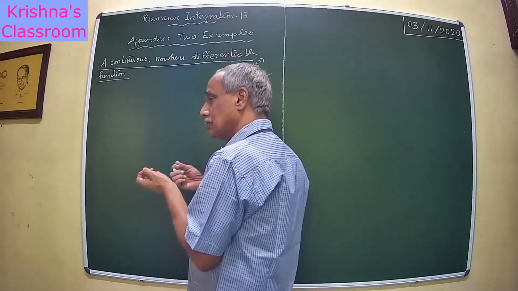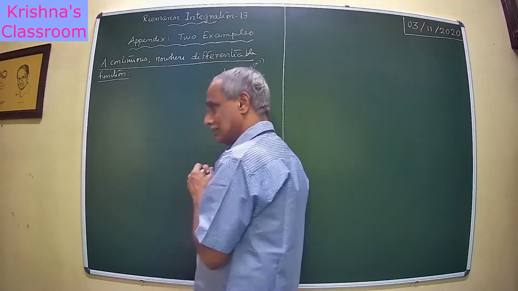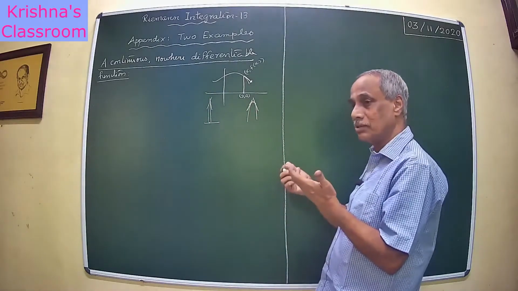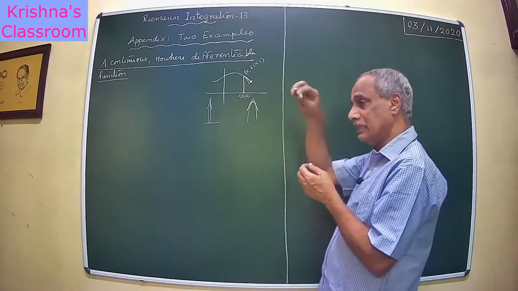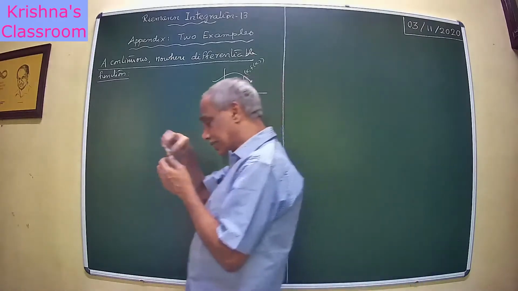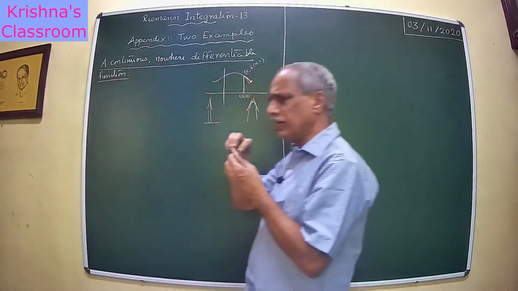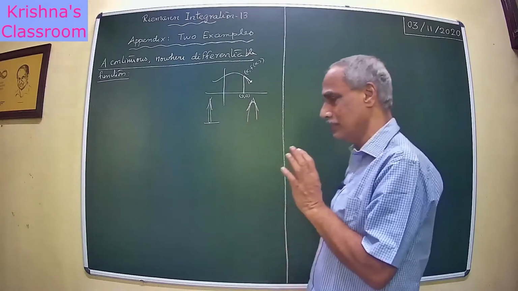But another way of doing it is that the sharpness of this bending can be increased. Now we will see how it can be done, and that will lead to the tangent turning around and changing its slope very rapidly from plus infinity to minus infinity in this case.